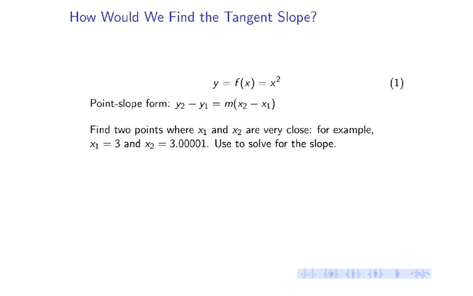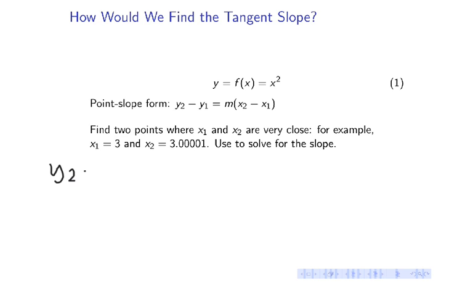Now, algebraically, we can determine the tangent slope using some skills that you probably had to develop at some point in your algebra class way back in high school. You might remember something called point-slope form, which tells us that the difference between y2 and y1 is equal to the slope of a line multiplied by the difference between x2 and x1. Now, if we rearrange that equation, we'll find the expression for the derivative.